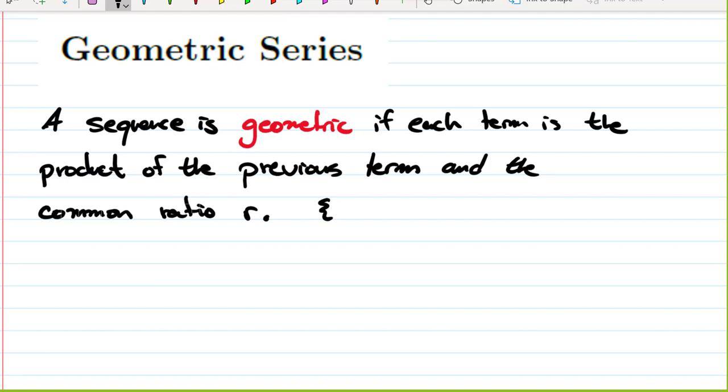So in our set notation, that's A, AR, AR squared, on forever. And the general term, A sub n, then is A times R to the n minus 1.